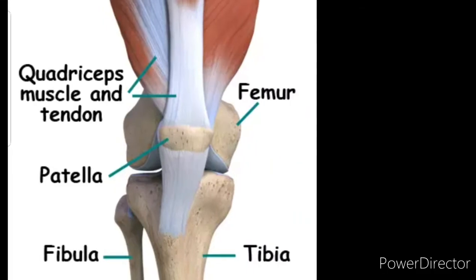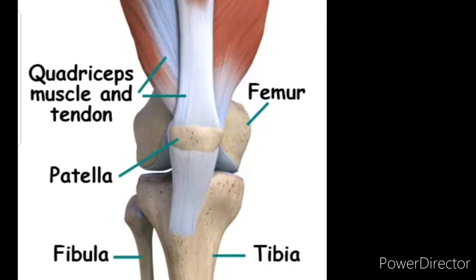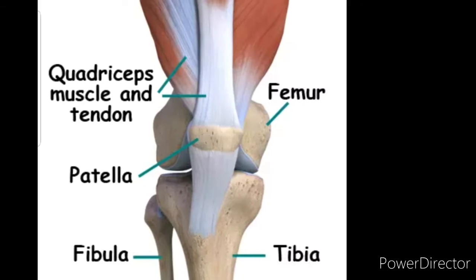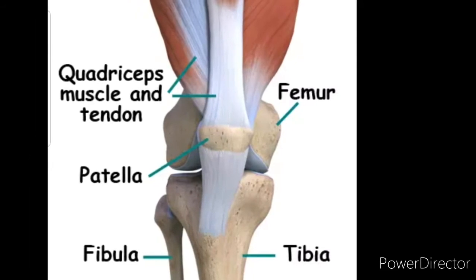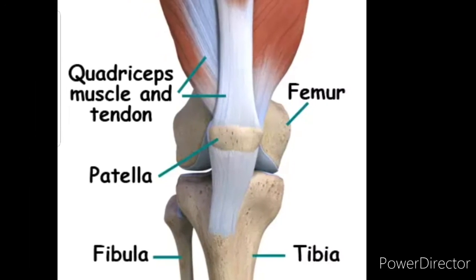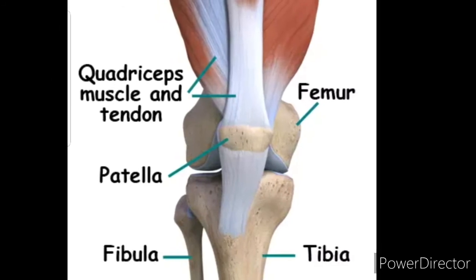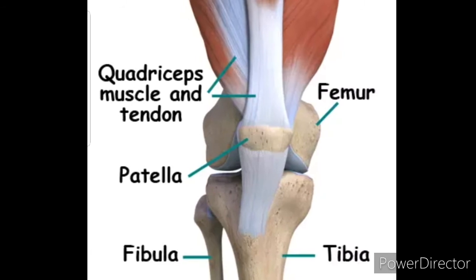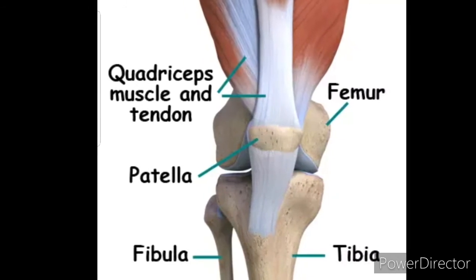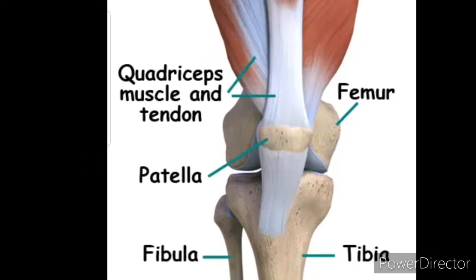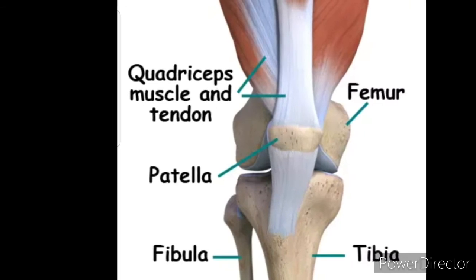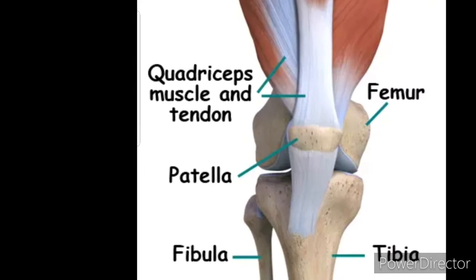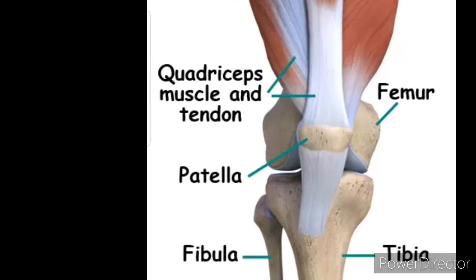The knee is a meeting place of two important bones in the leg: the femur, also known as the thigh bone, and the tibia, also known as the shin bone. The patella, or kneecap, is a movable bone that sits in front of the knee. This unique bone is wrapped inside a tendon that connects the large muscles on the front of the thigh, the quadriceps muscles, to the lower leg.